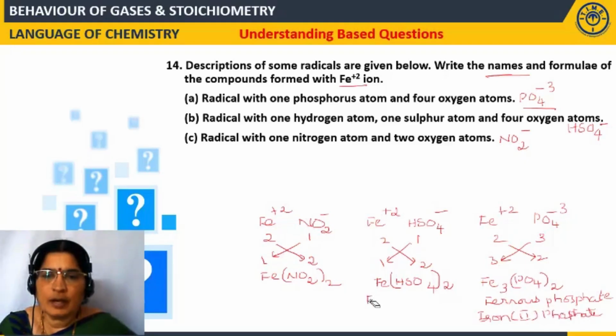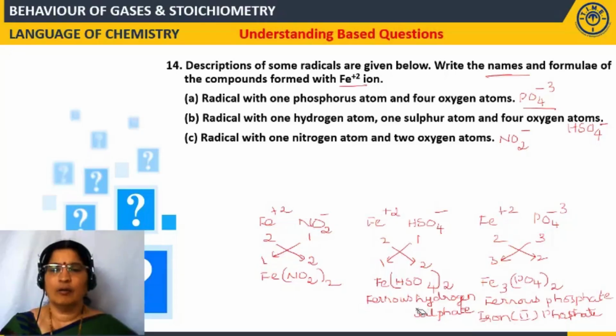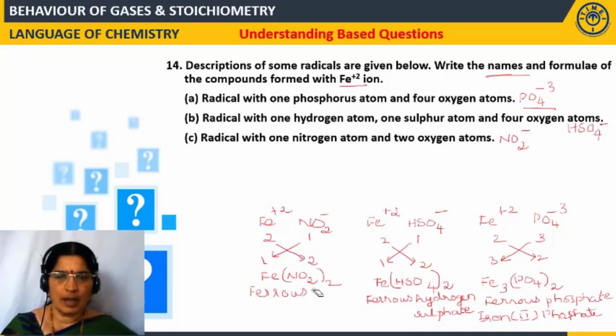This is ferrous hydrogen sulfate, or ferrous bisulfate also, or iron(II) hydrogen sulfate. In both ways you can write. So this is ferrous nitrite, because it is obtained from nitrous acid. Ferrous nitrite or iron(II) nitrite.